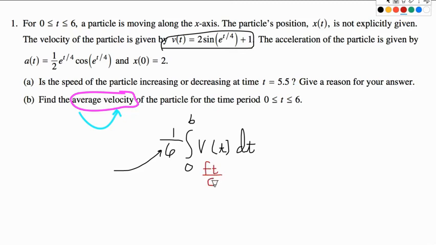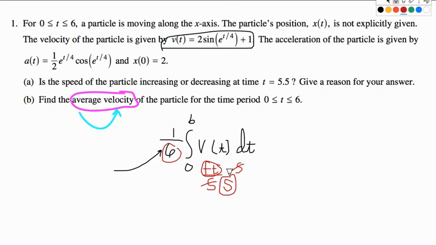Our change in time, or our dt, is in seconds. So when we do its antiderivative, we do get position, but then this division by 6 is right back to dividing by seconds. So we're back to feet per second, and it does give us velocity units.